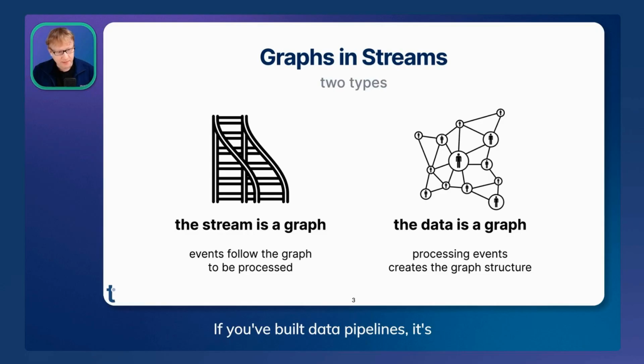If you've built data pipelines, it's common to have microservices that each do a little job, but where data flows in from some streaming sources, goes out to some microservices, does some work, comes out of each of those services into some others, might flow apart and be spread out, might come back together for centralized services.